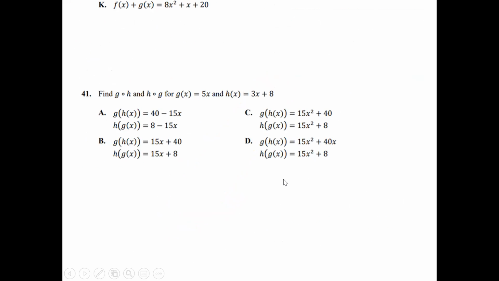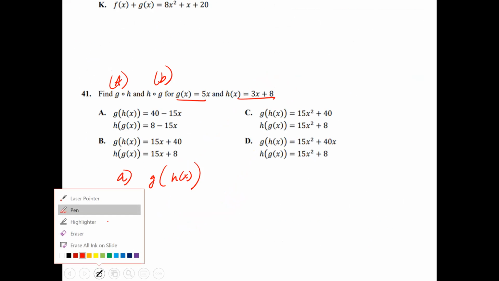Find g of h and h of g if g of x equals 5x, h of x equals 3x plus 8. There are 2 parts to this, part A and part B. For part A, it's g of h of x. You work from the inside out.